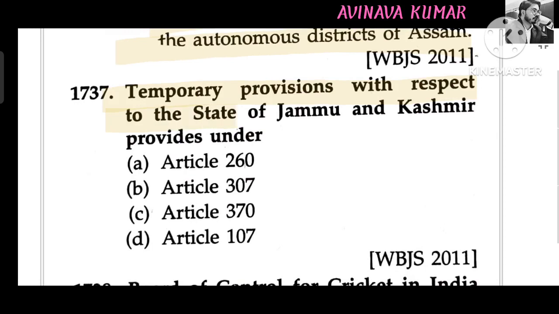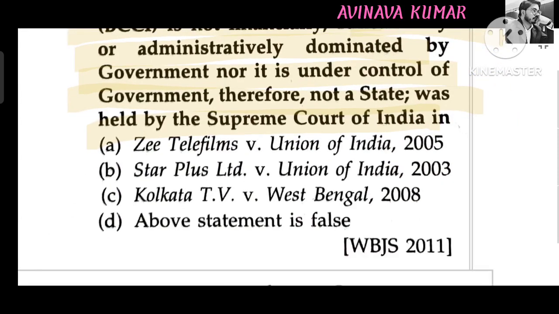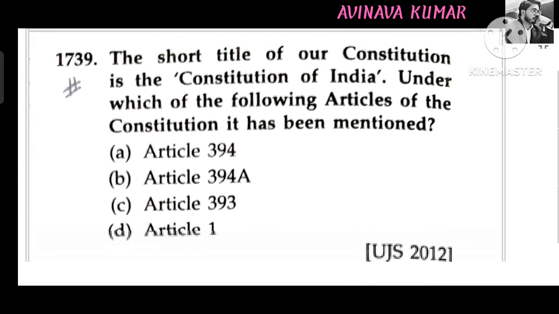Temporary provision with respect to the state of Jammu and Kashmir is provided under Article 370. The Board of Control for Cricket in India (BCCI) is not financially, functionally or administratively dominated by the government, nor is it under the control of the government, therefore not a state. This was held by the Supreme Court in the case of Zee Telefilms versus Union of India, 2005.